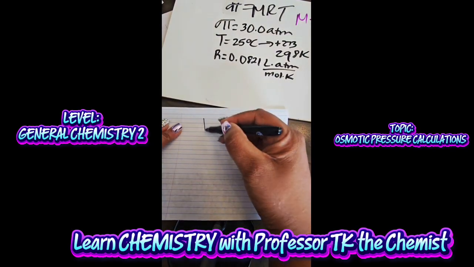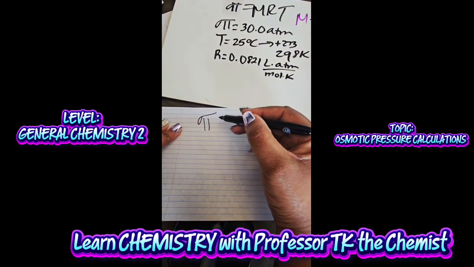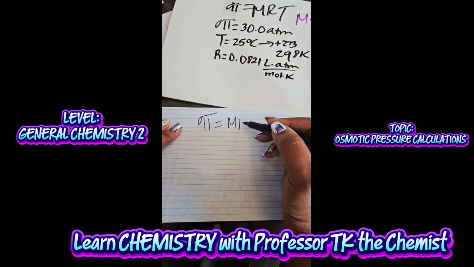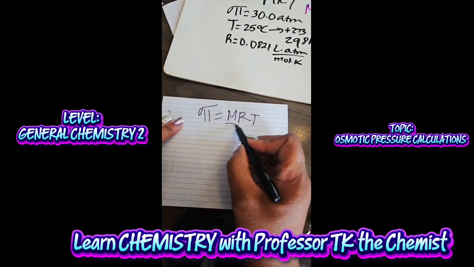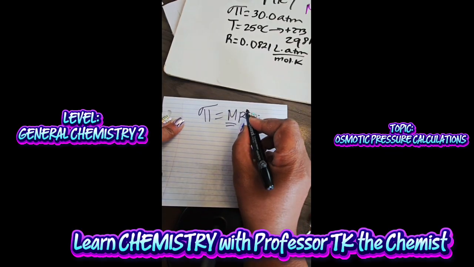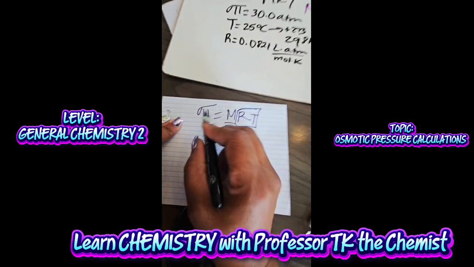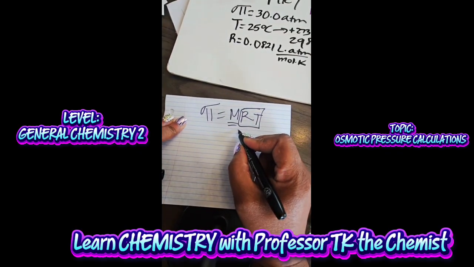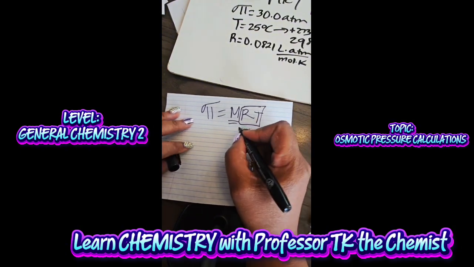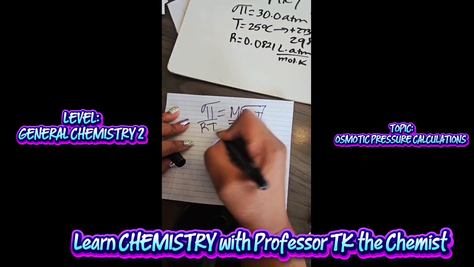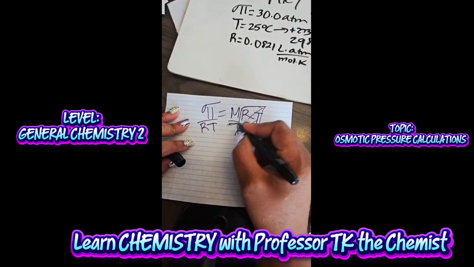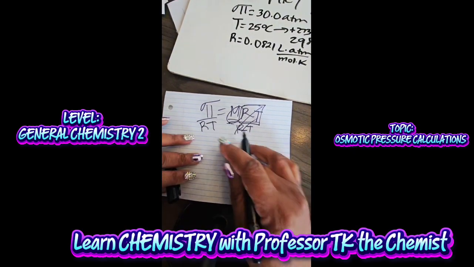So again, this was the formula. But what we are looking for is the M. I'm going to bring these two to the other side, so I'm going to divide both sides by RT, so that we're left with M by itself.